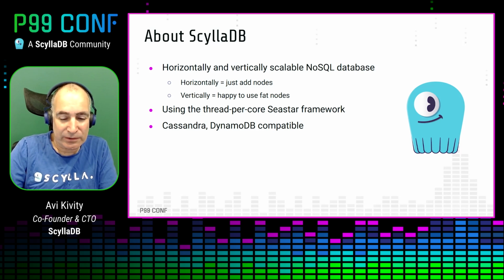And in today's hardware environment, where you have hundreds of vCPUs on a node, it's important to be able to make good use of them. It's using the thread-per-core Seastar framework, which is the key to its vertical scalability. And in terms of API, it's compatible with Cassandra and with DynamoDB.